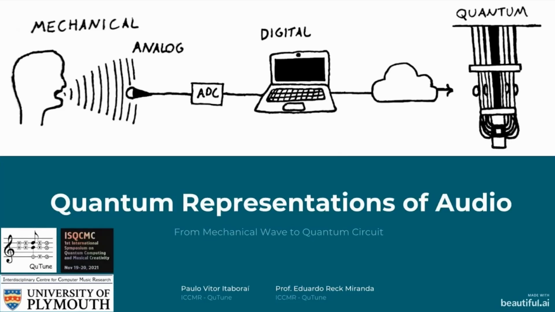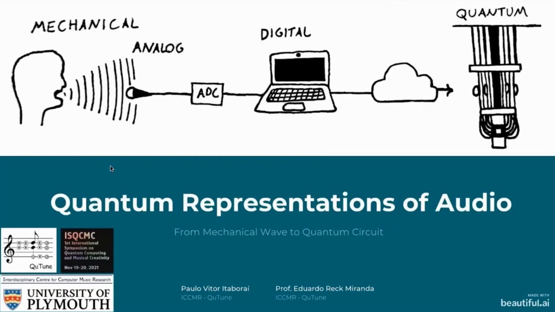Then you use some type of electrical circuit to transform this analog signal into pulses, and then into digital information that can be read by a classical computer. And now we can try to understand how we can build quantum circuits and make quantum computers understand and store our signals.